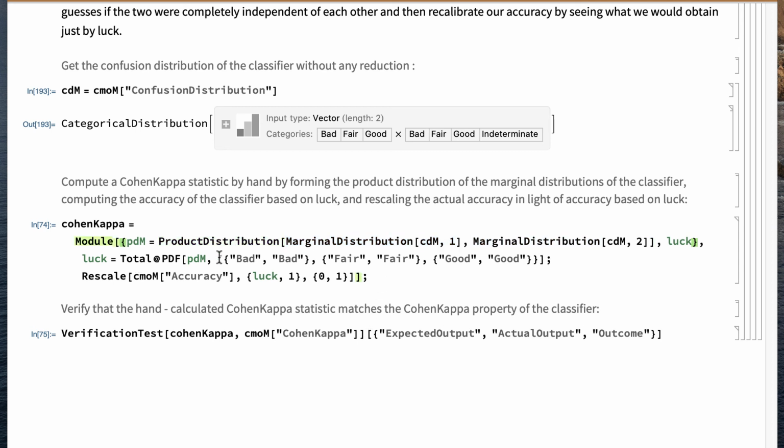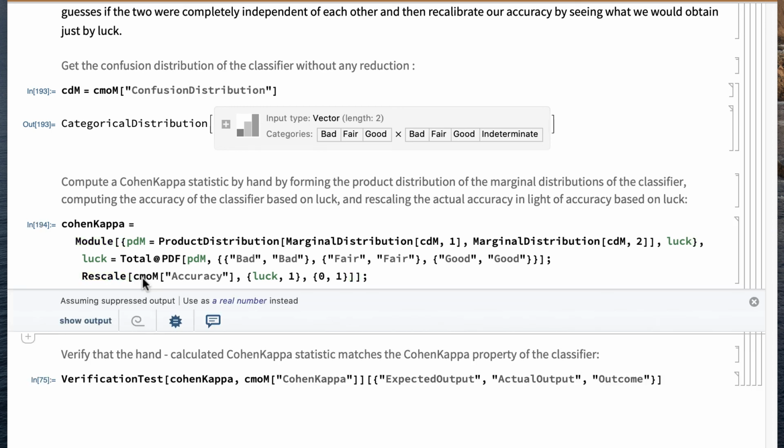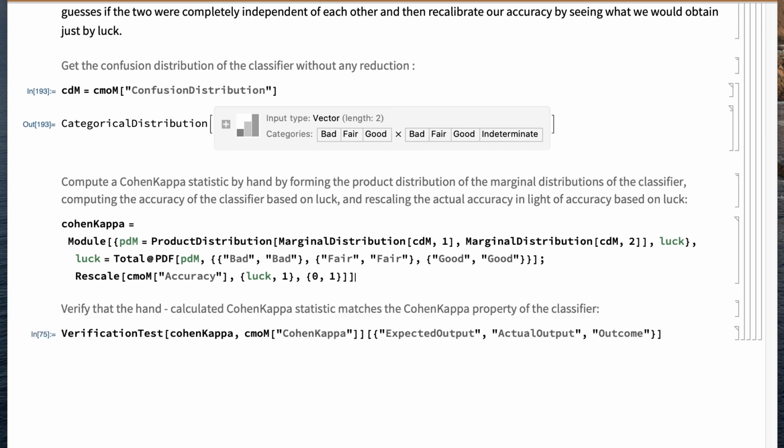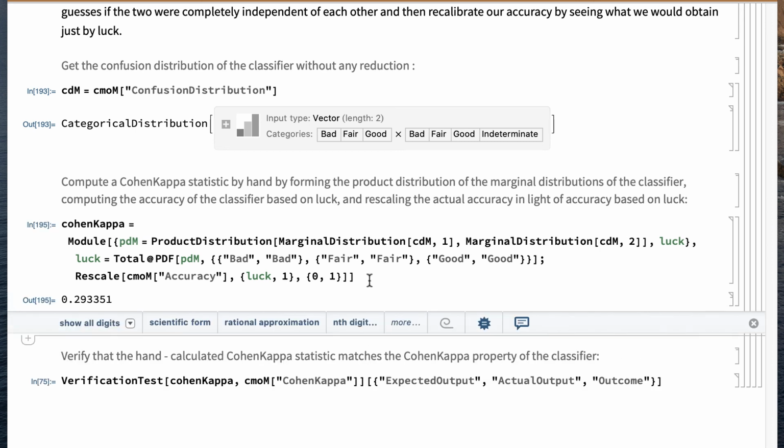And then what is luck? Luck is the total probability of us getting it right, which means it's actually bad and we guessed bad, it's actually fair and we guessed fair, it's actually good and we guessed good. Add that up, and then use that luck value to rescale our accuracy. So that is our Cohen's kappa. I guess I shouldn't have a semicolon there. Let's see what it is. 0.293.